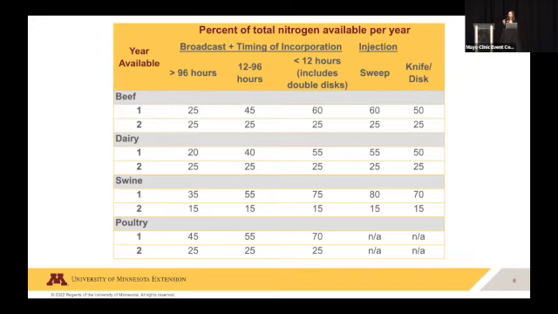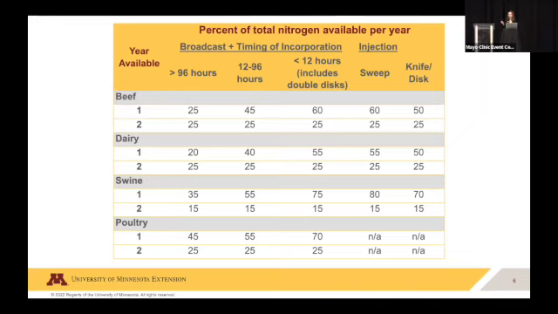Because if you leave manure on the surface, and the longer you leave it there, the more volatilization or nitrogen loss you're going to get. That's why you'll see that injection, which could be sweep injection or knives, disc injection, some way of getting the manure into the soil as you're applying it, will have the highest nitrogen availability, followed by incorporating the manure as soon as possible.